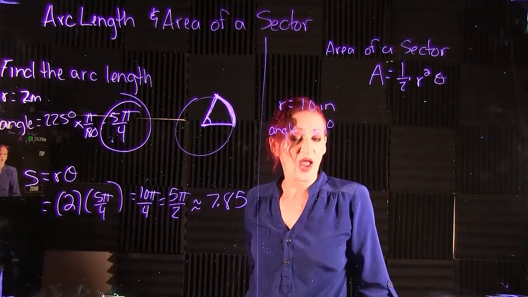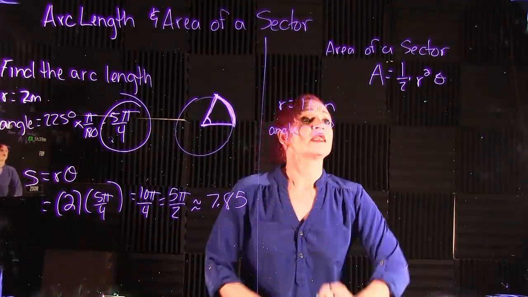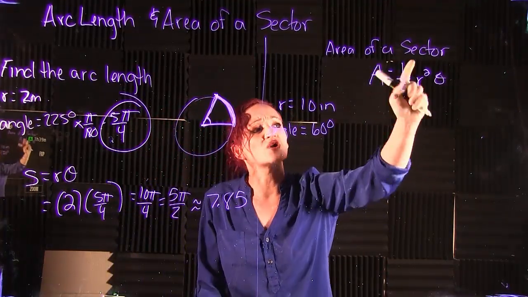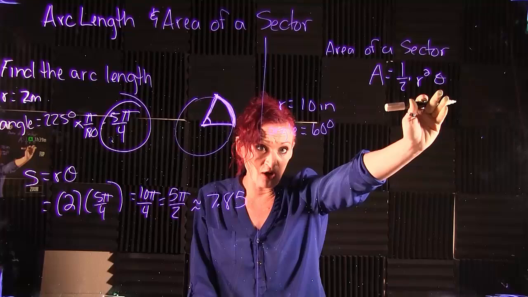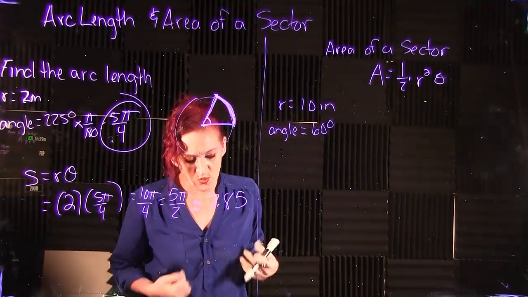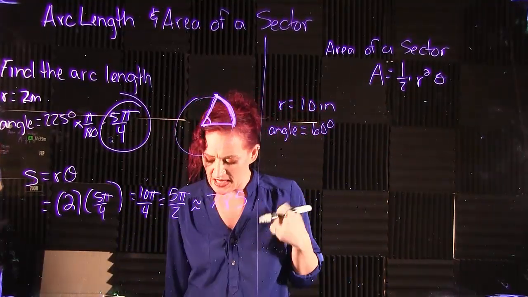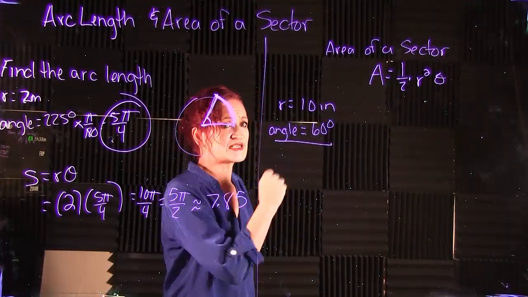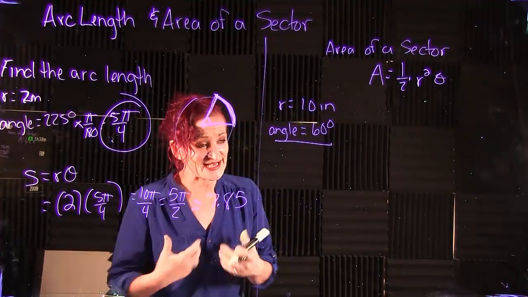Simplify your answer. Now for area of a sector, our formula is 1/2 times r squared times our angle measurement. Our angle measurement, once again, does need to be in radian mode. So we are given that our angle is 60 degrees. We are given our radius is 10 inches.